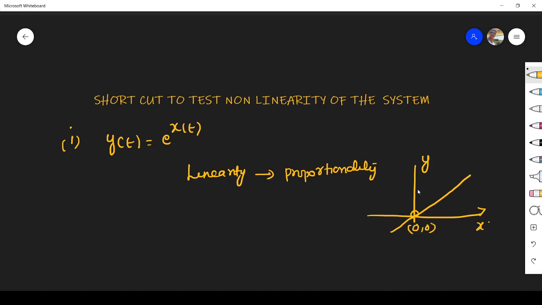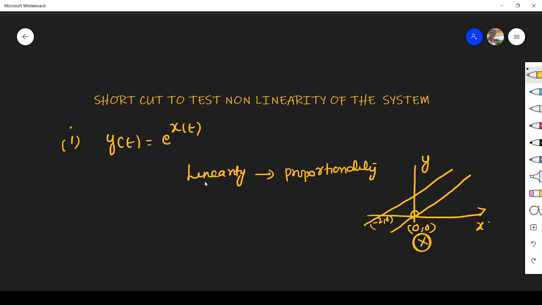This is linearity. In mathematics, a line that does not pass through the origin is also a linear equation, but we don't call it a linear system. Our system should cross 0, 0. That is very important. Keep it in mind. It may cross at minus 2, 0 like that, not 0, 0. So that is the first condition we have to remember.